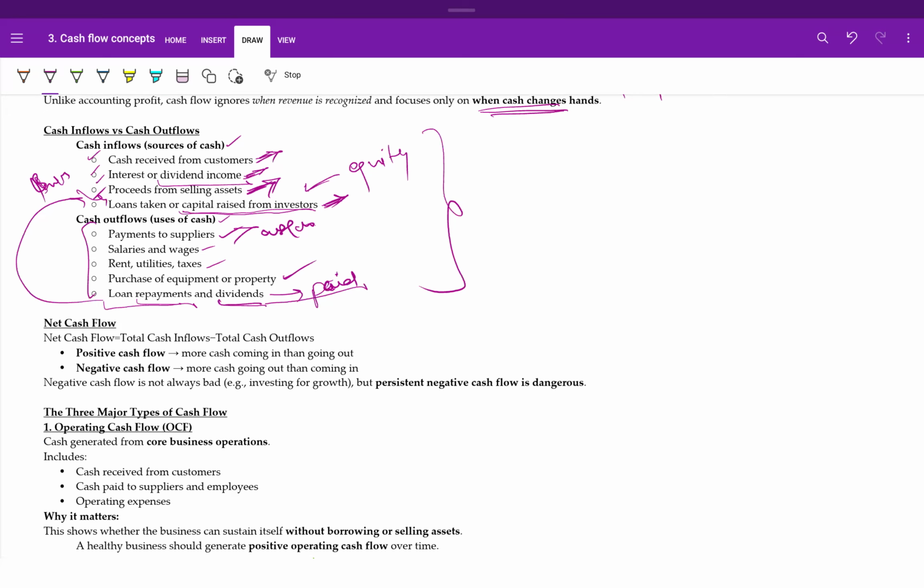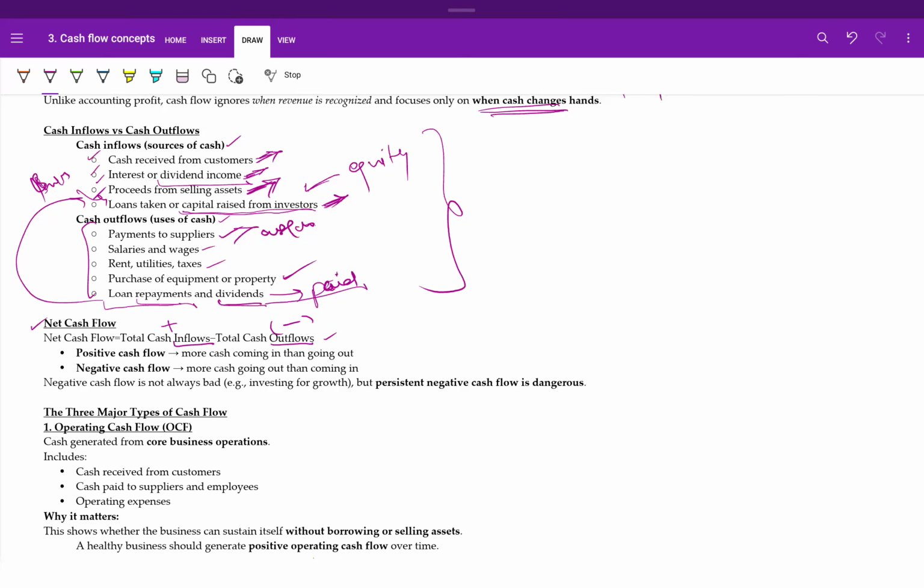Let's talk about the net cash flow concept. Net cash flow represents the difference between the total cash inflows and the total cash outflows. If total cash inflows are more, it is going to be a positive number. But if cash outflows are more, then it is going to be a negative number, because cash outflow is dominating the equation.